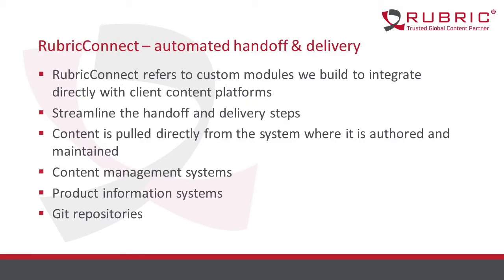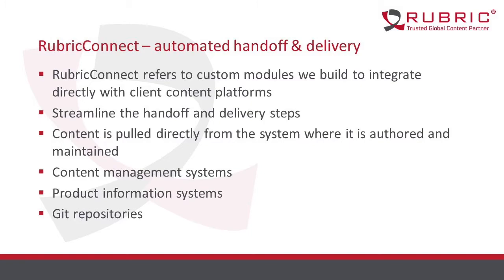So Rubric Connect refers to the custom modules we build to integrate directly with client content platforms. So there's very rarely a one-size-fits-all connector that will do a great job of extracting content from your CMS and then reintegrating the translated content back in at the end of the process. So we will often do some custom development to make that process work for your particular environment.